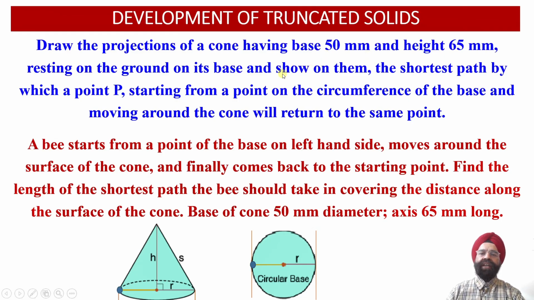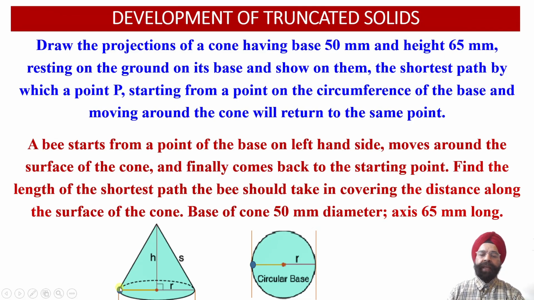we are required to evaluate the shortest path by which a point P starting from a point on the circumference of the base and moving around the cone will return to the same point. That is, this is going to be our starting point on the leftmost corner of the base over here.